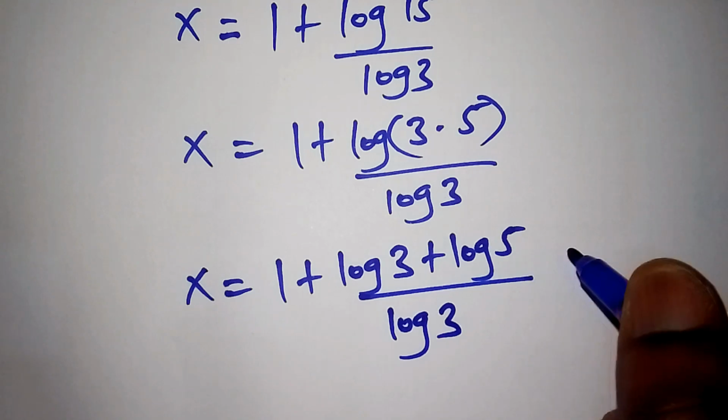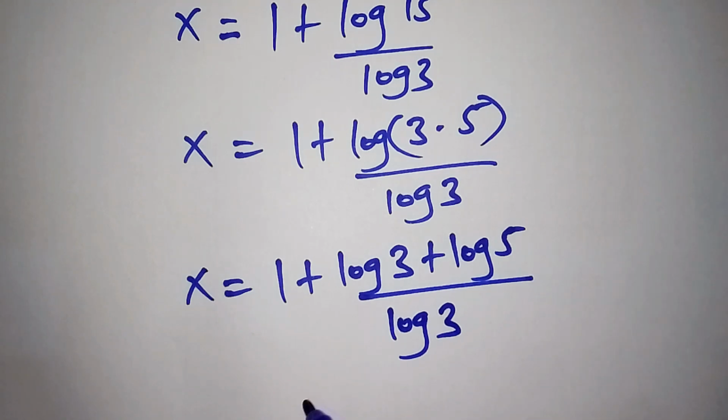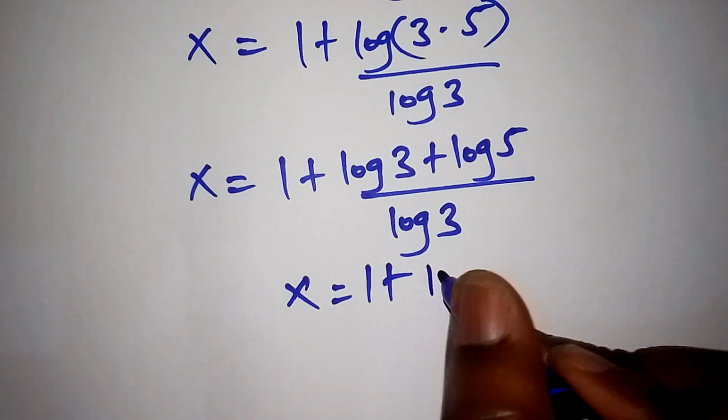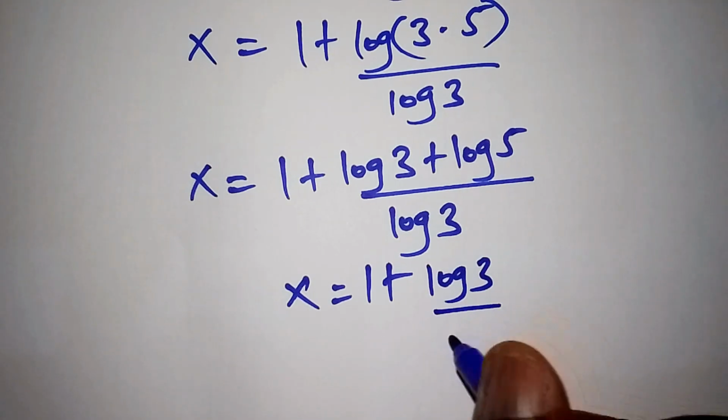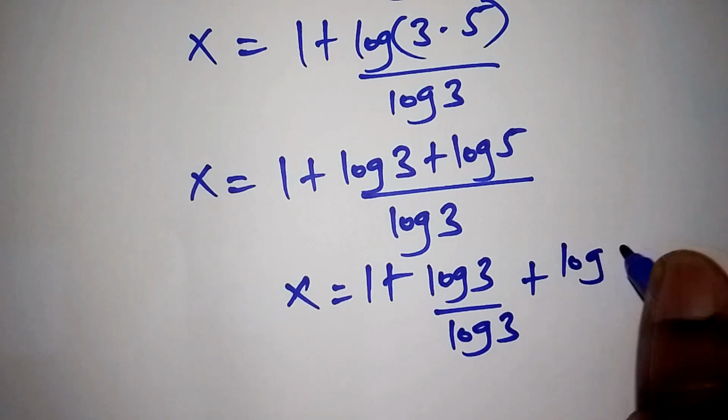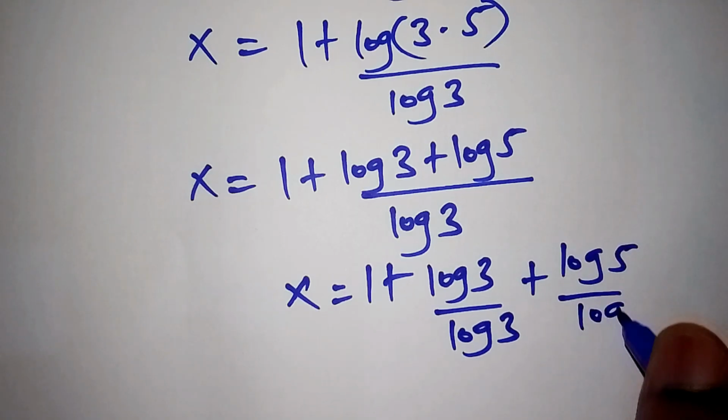So x is equal to 1 plus log 3 over log 3, plus log 5 all over the log of 3.